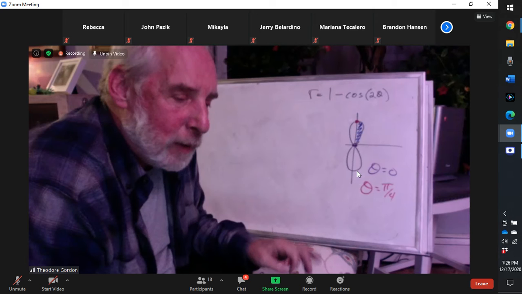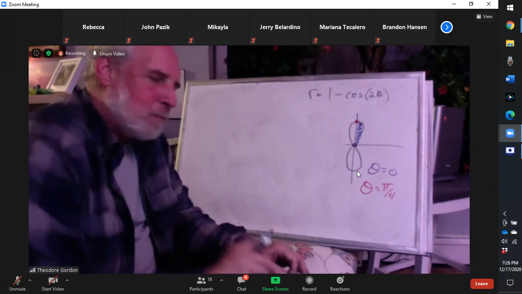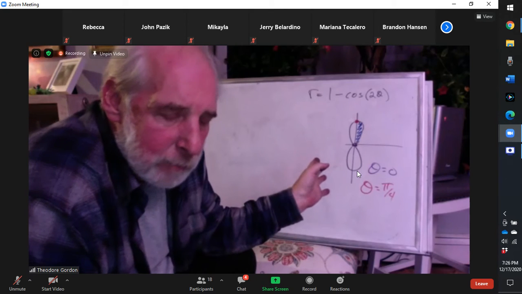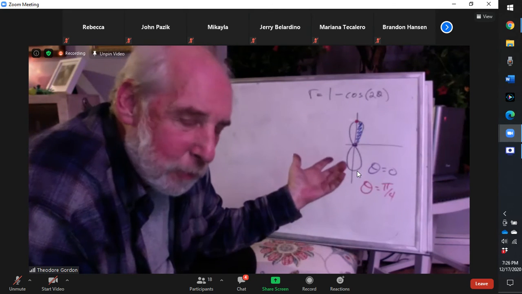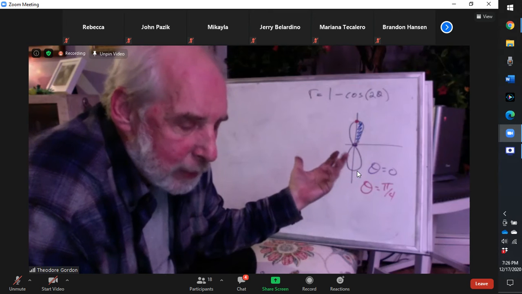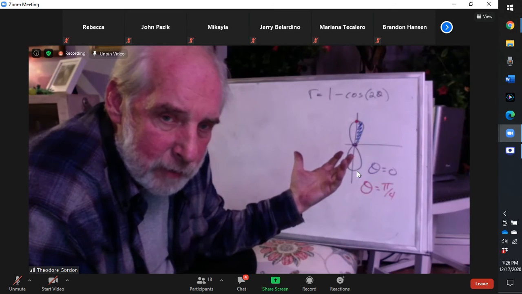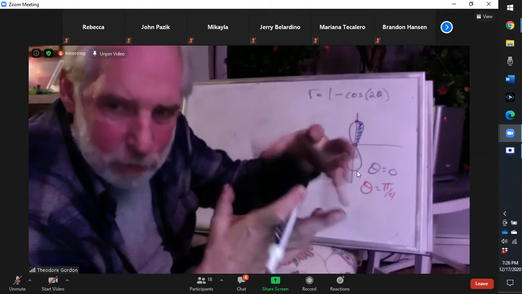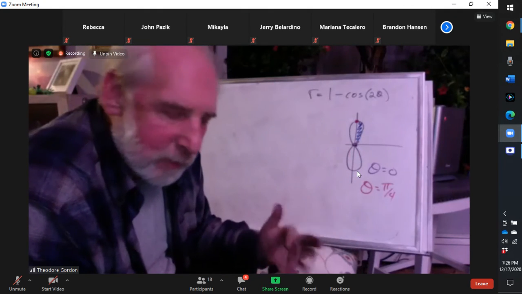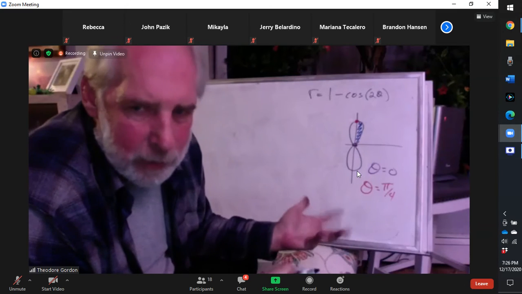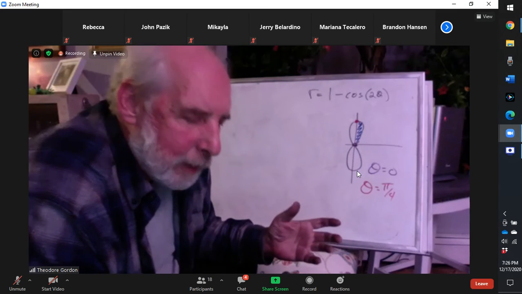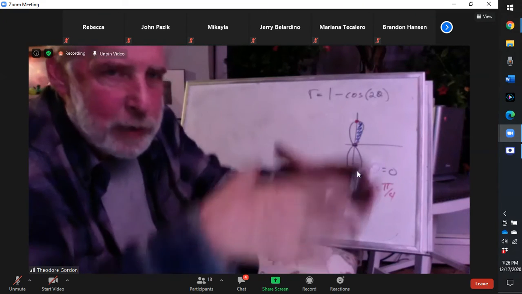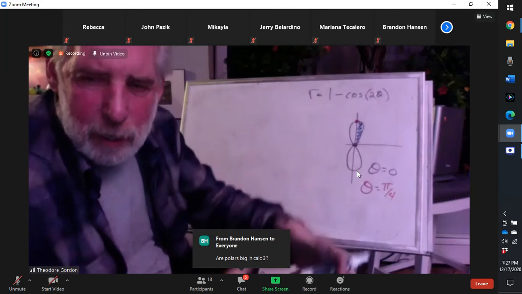For those of you going into Calc 3, these are polar coordinates. In Calc 3, you're going to get other sorts of three-dimensional coordinates. You're going to get something called spherical coordinates, where all your geometry happens on the surface of a basketball or a bubble. And there's certain ways to calculate distance and length and area and volume and all that. You'll also have something called cylindrical coordinates, where all of your geometry happens on a column.